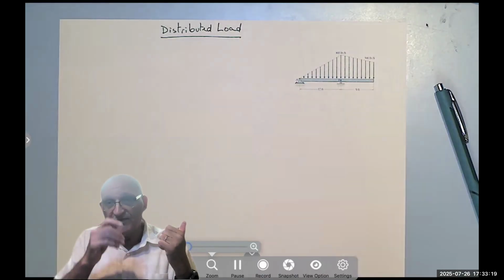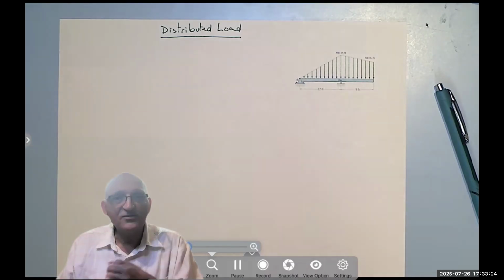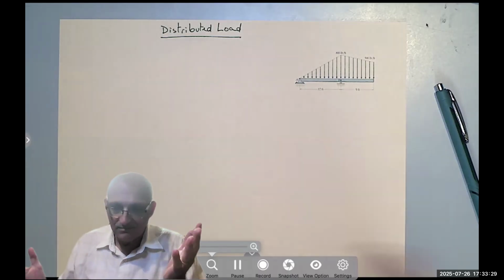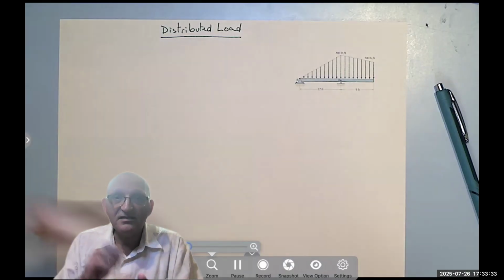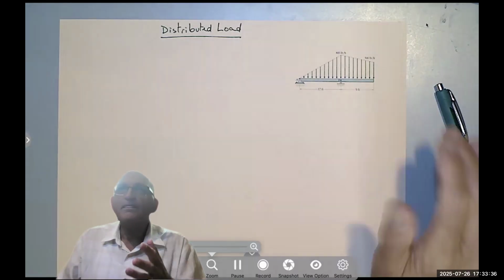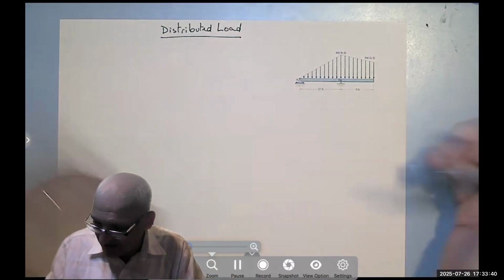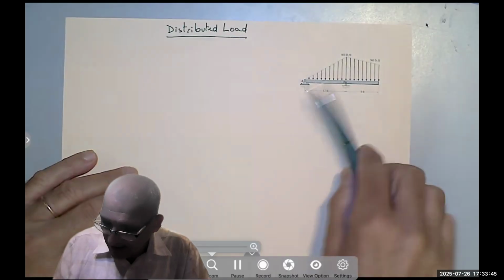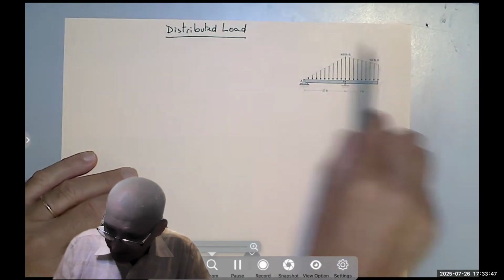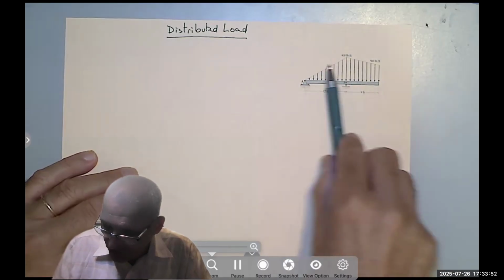There, if you have different shapes, you learn how to find the x coordinate and the y coordinate of the plates or the shapes that you have, and find the centroid. Here, it's half a centroid problem because I'm not going to tell you how high the centroid is, because I don't care. I'm going to replace this whole shape with a single load, and I want to know where to place it.